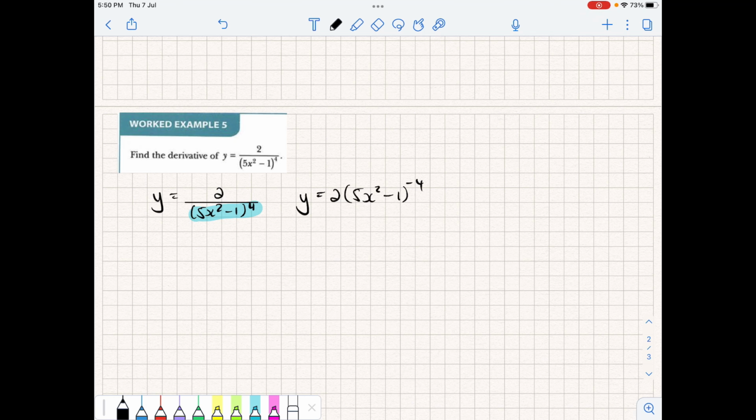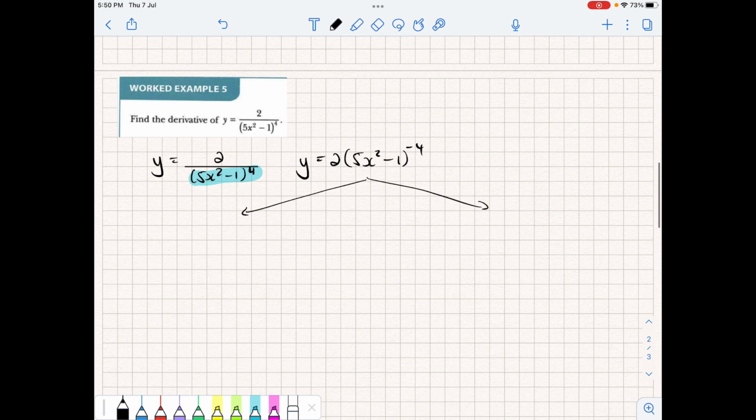So I'm going to show both ways again: one where we're going to use a substitution, and one where we're going to use intuition. We basically use the substitution, but we're doing the substitution intuitively. So using substitution, instead of having this mess of 5x squared minus 1, we're going to let u equal that mess on the inside.